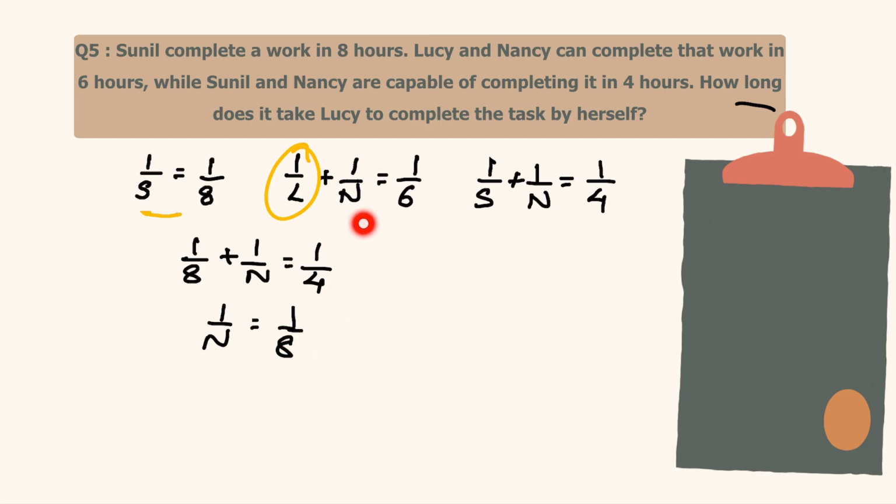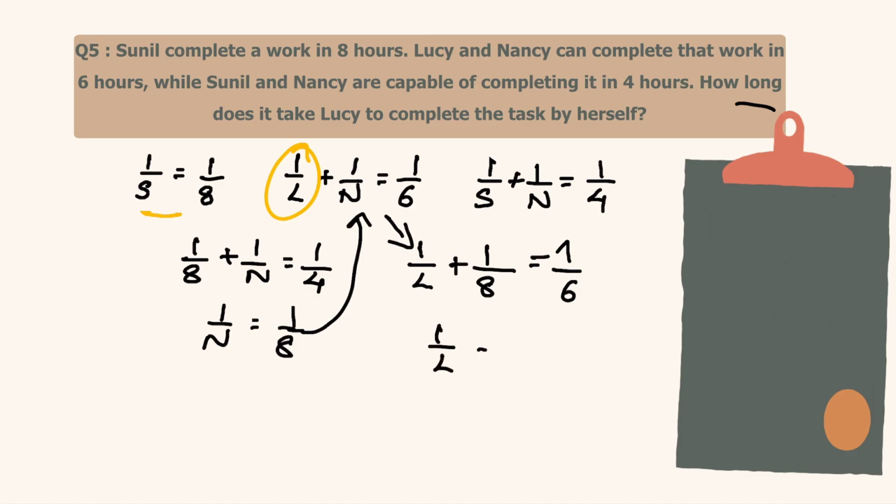Now we put this value in this equation: 1 by l, which is what we have to find, plus 1 by 8. Here 1 by 8 is taken from 1 by n. This value we substituted with 1 by 8 and we will get this one, equal to 1 by 6, right?